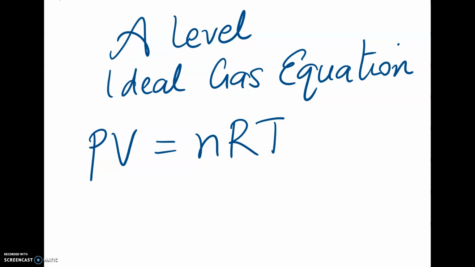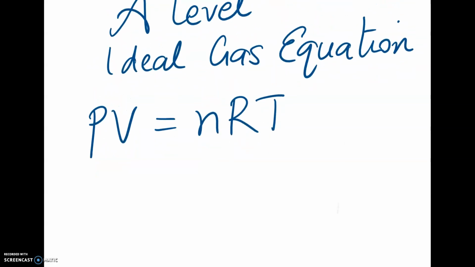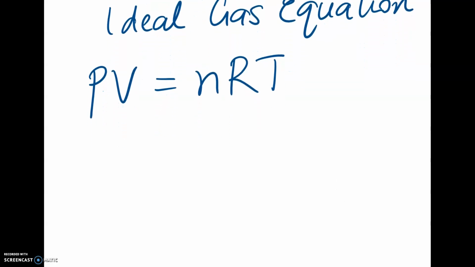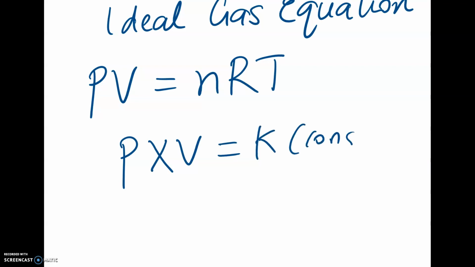So we're going to look at what these entities are. But before we do that, we're going to look at one particular relationship. If I was to do pressure times volume, that gives me a K, which is a constant. Now, this constant will only work if the temperature stays constant and we have the same amount of gas particles.